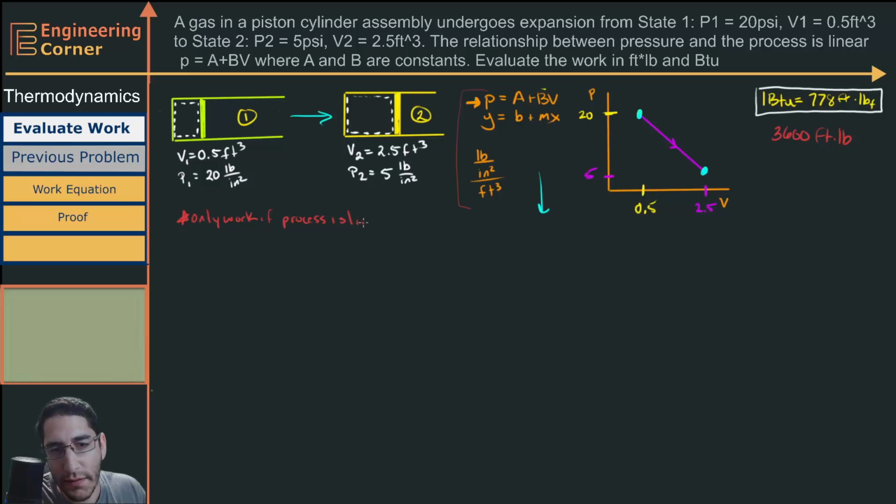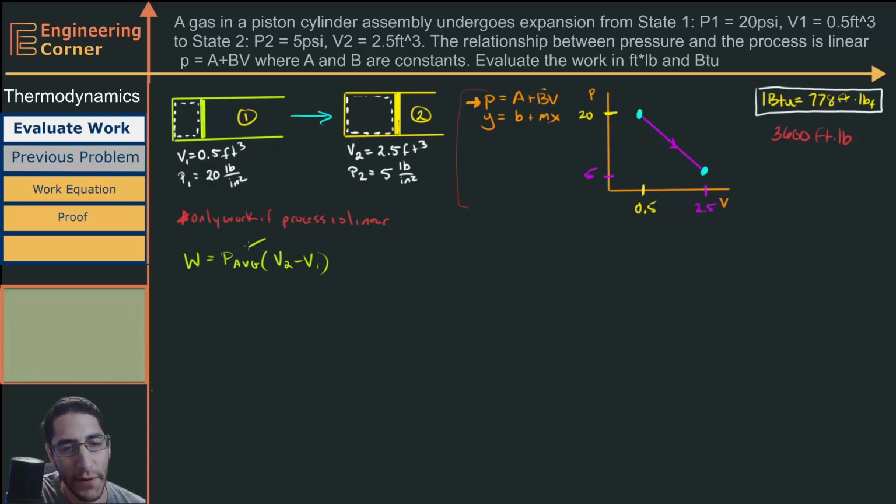Now, it's good to understand the last way we did things and this way, in case on an exam you forget this equation, you're not completely stumped. You can go back to figuring out what your coefficients are, and everything should work out. But if you do remember this, for a linear process, the work is equal to the average pressure times the change in volume, V2 minus V1.